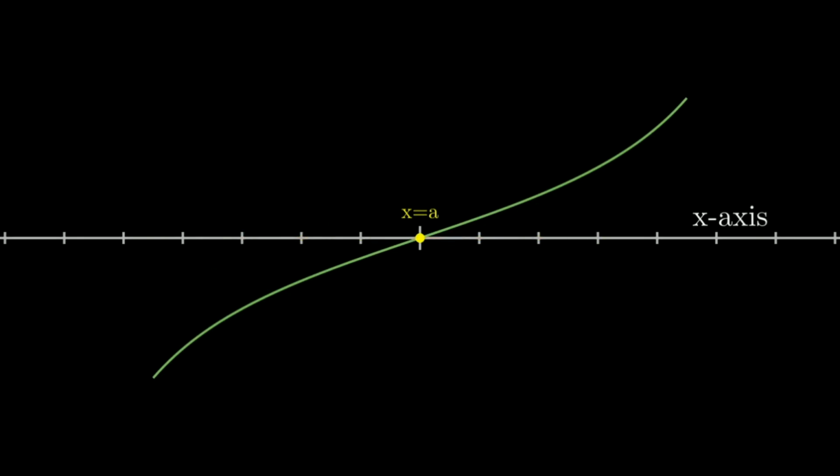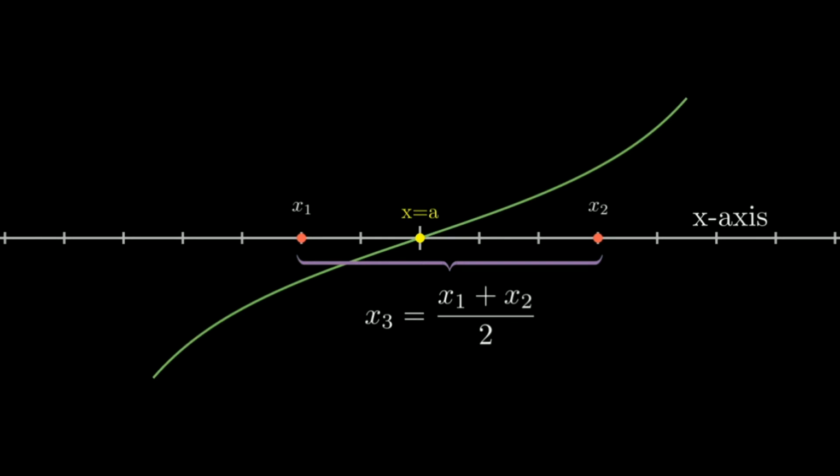Now let us take 2 points x1 and x2, one to the left of x equals a and one to the right side. Now to approximate x equals a, the easiest way is to take the average of these two values such that x3 lies near x equals a and exactly at the midpoint of x1 and x2.